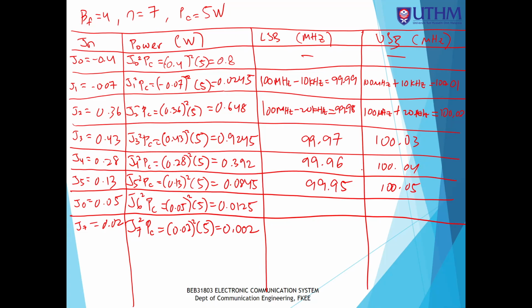You can calculate 100 minus something, but I just put the values here. So this is 99.94, 100.06, this is 99.93, and 100.07 megahertz.